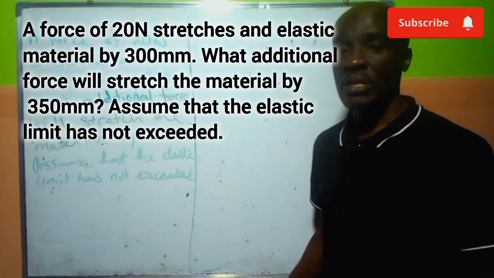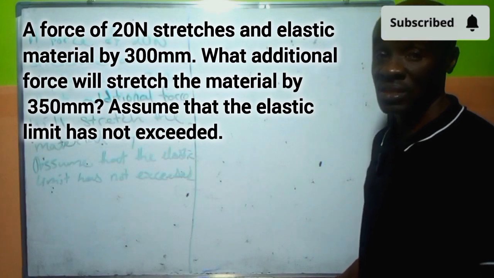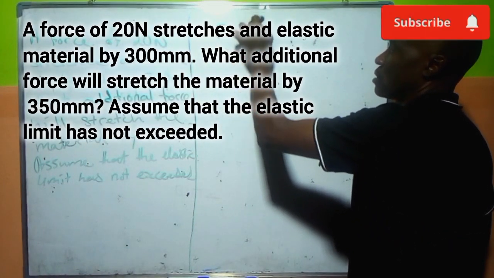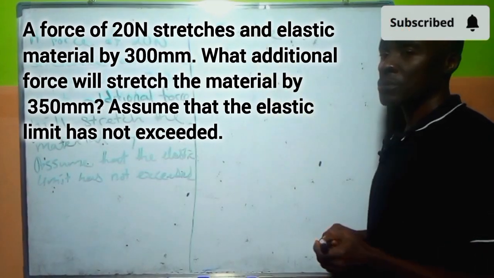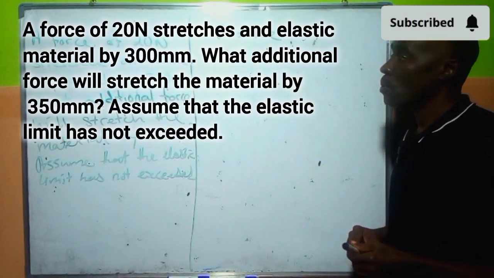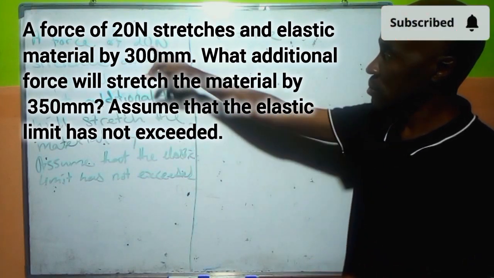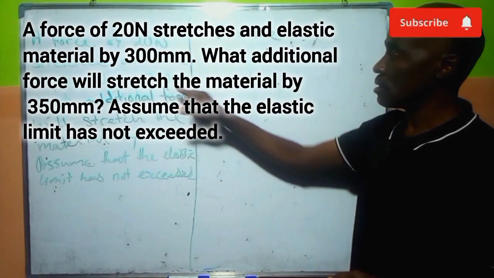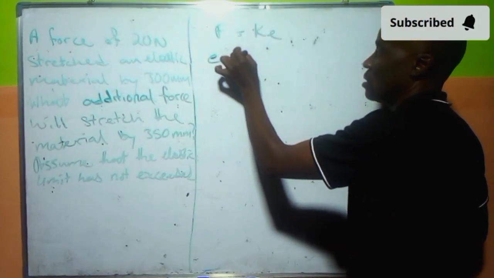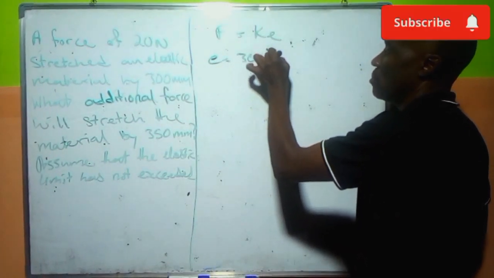exceeded. When elastic limit has not exceeded, it means that Hooke's law is obeyed, which is F = Ke. Force is equal to Ke. So the first one we have, they said the extension was 300 millimeter.